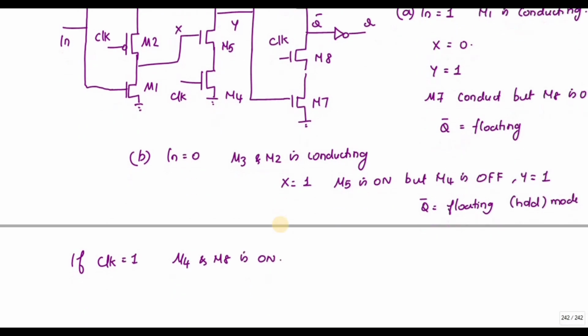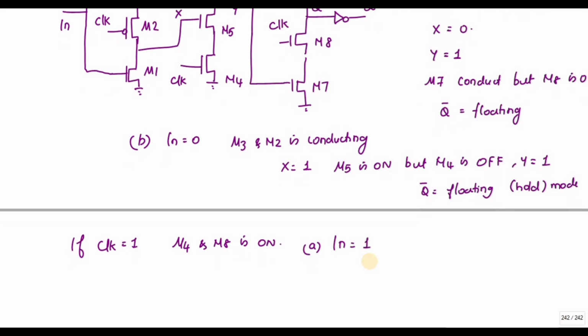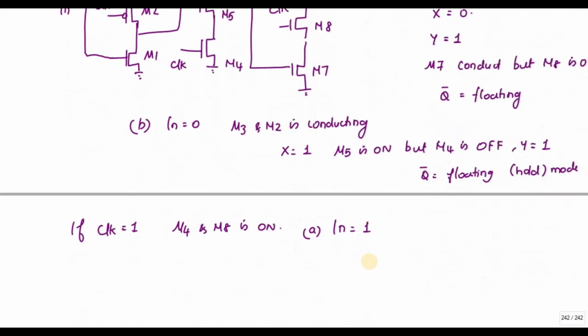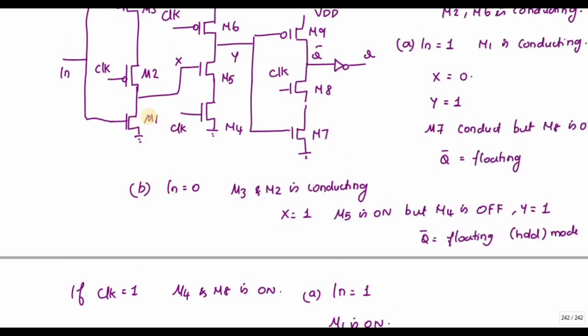And I'm going to give my input, for the first condition, as 1. If the input is 1, M1 is conducting, M1 is on, so the X value goes to 0.